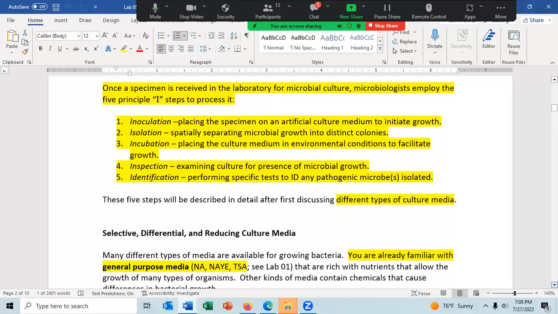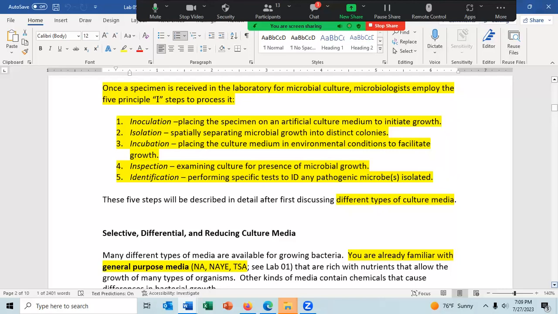Inoculation is just placing the specimen on an artificial culture medium to initiate its growth. Isolation is to spatially separate out the microbial growth into distinct colonies. Incubation is placing the culture in an environment having conditions to facilitate its growth.